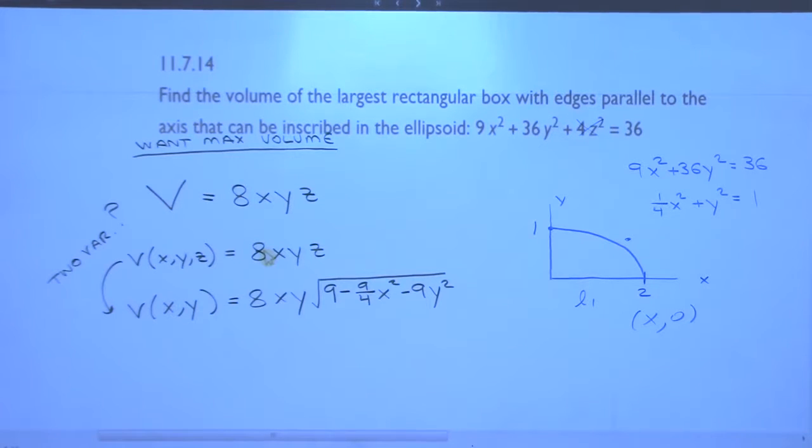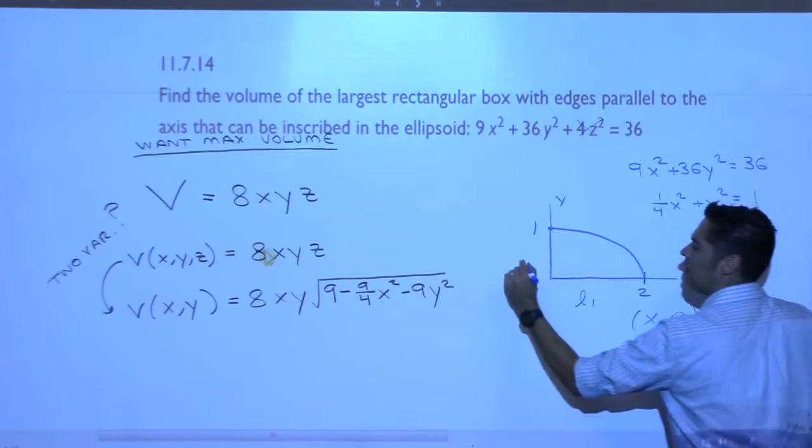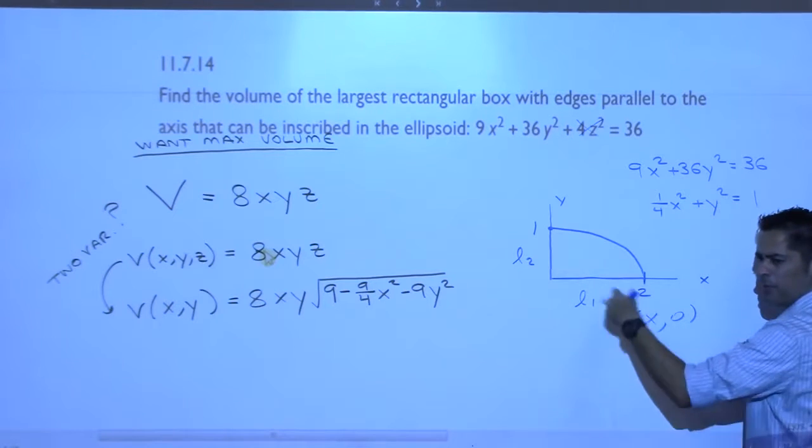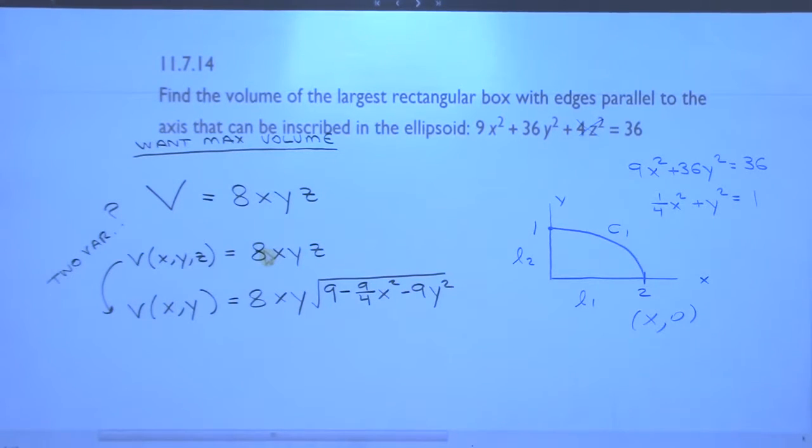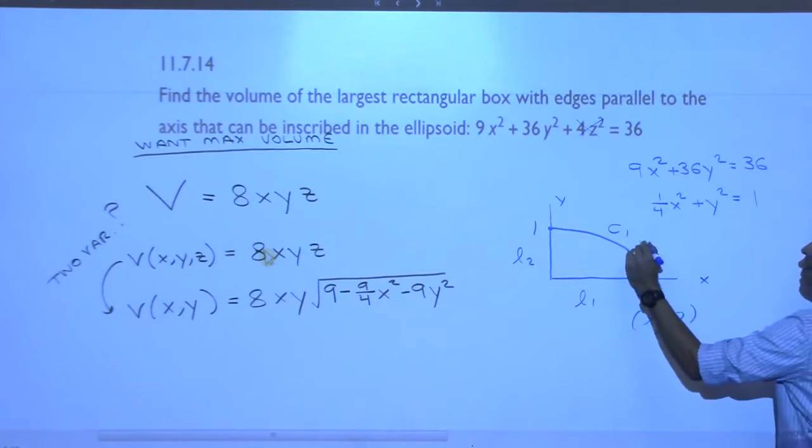The last thing we need to get, I think from this we can get L1 and L2. All right? We'll be able to talk about those points. What about C1? What do we have to do to get C1? That's right. For C1, I'm going to have a point on here.